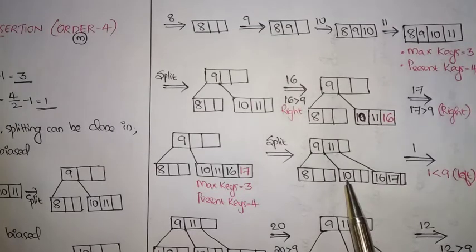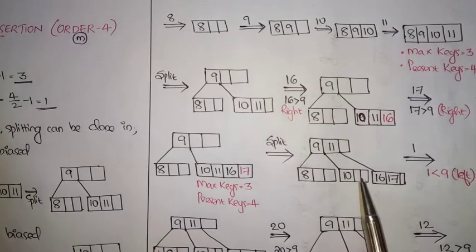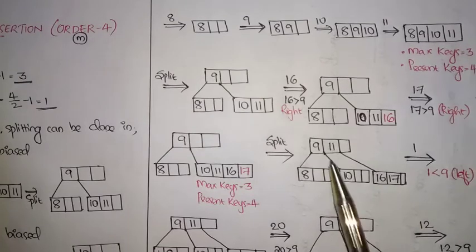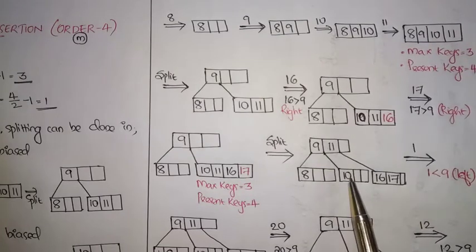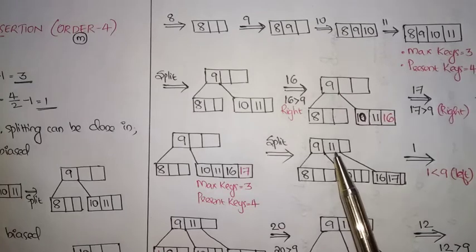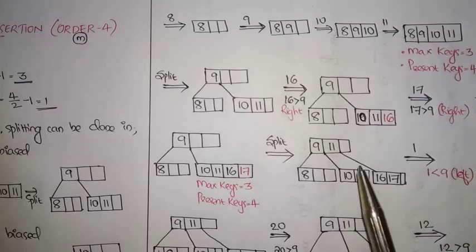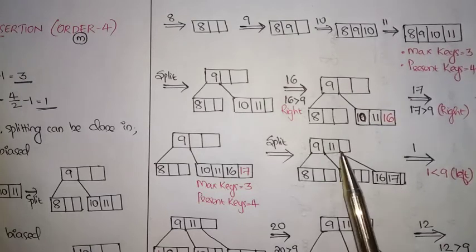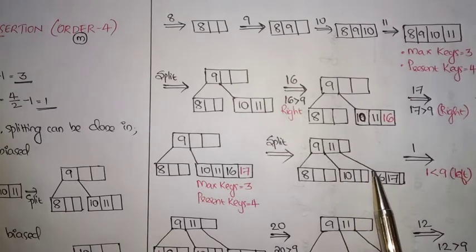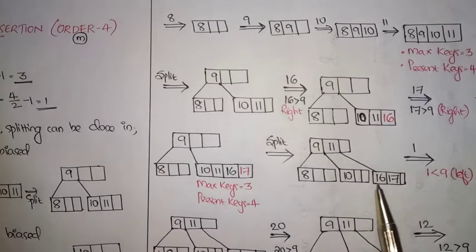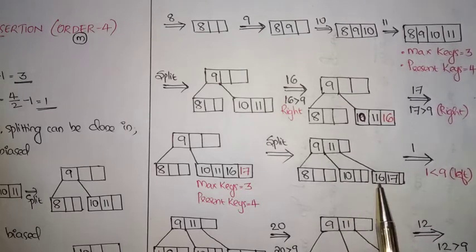This node with 10 is the right child of 9 since it is greater than 9, and this particular node itself is the left child of 11 since it is less than 11. Okay, since 16 and 17 are greater than 11, it will become the right child of 11. So this is how our node will become after splitting.